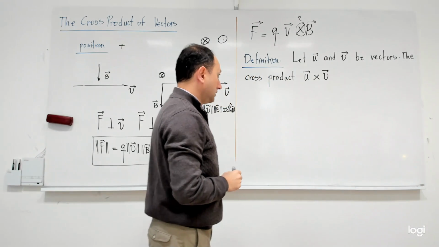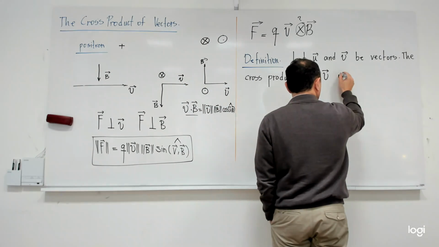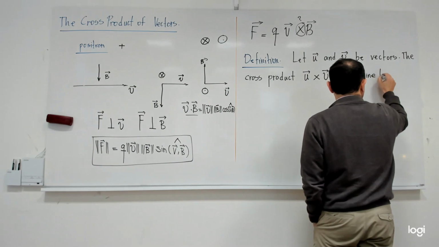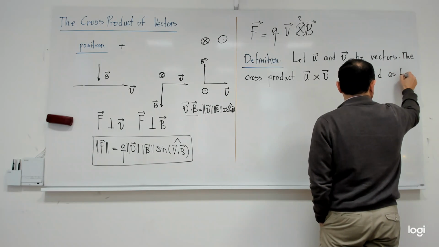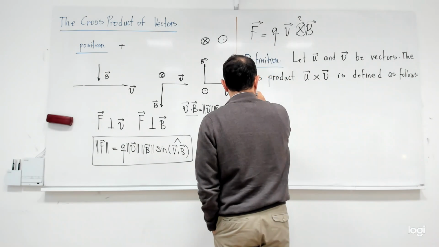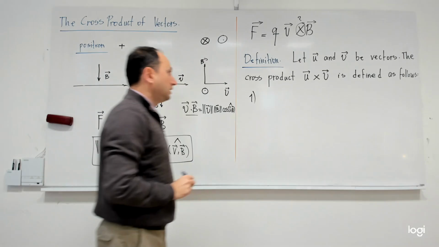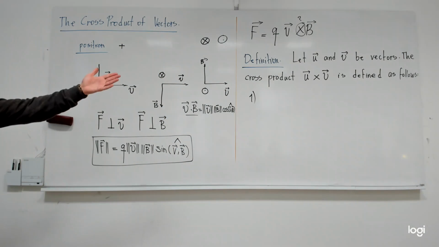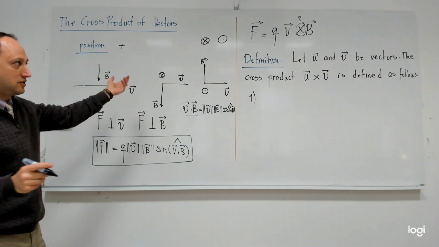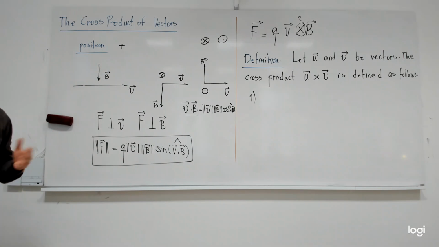The cross product U cross V is defined as follows. So we consider some cases. There is this V, it has nothing to do with velocity. These are mathematical vectors. I call one of them U, one of them V, and I want to define what U cross V means.